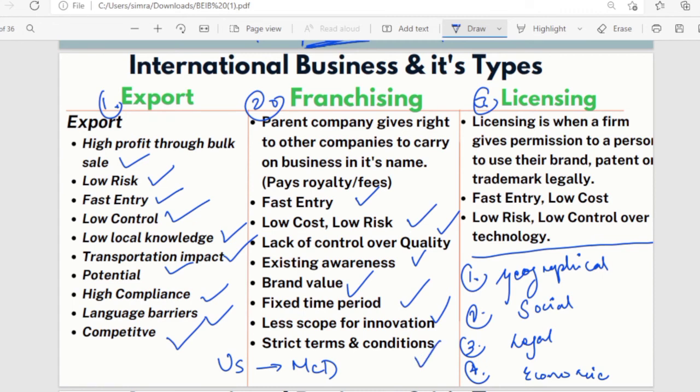Strict terms and conditions. Yes, the terms and conditions are strict. As we have seen, you don't have any scope for innovation. You don't have any say in the matters. So whatever the terms and conditions as to how they run the business there, that same you have to follow here. You cannot do anything without informing them or without their permission. For example, now you are saying, no, we Indians love a lot of spices.